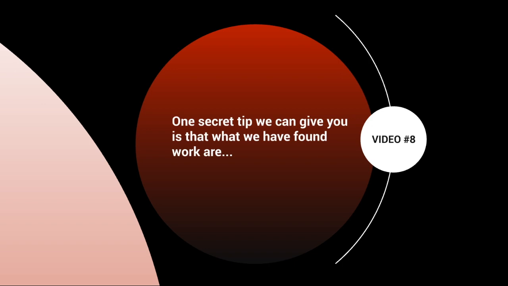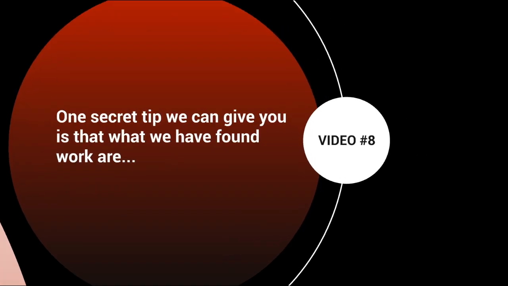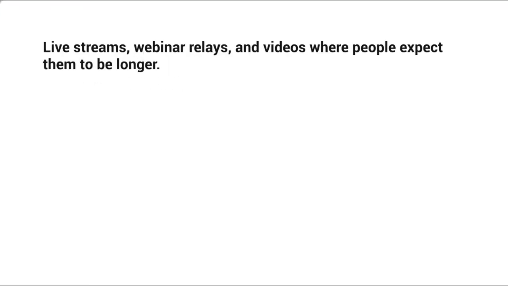One secret tip we can give you is what we have found works: longer videos in the sense of live streams, where you get on YouTube and talk to people live, webinar replays, and videos where people expect them to be longer. If you make a normal video that people expect to be 5 minutes and you make it an hour, you're not really going to hit that 50%.